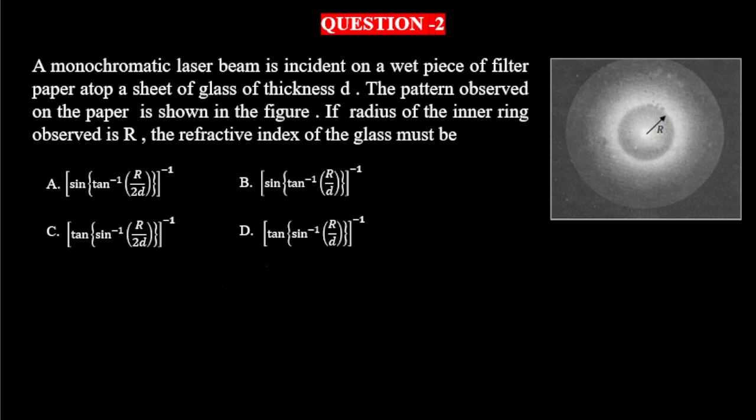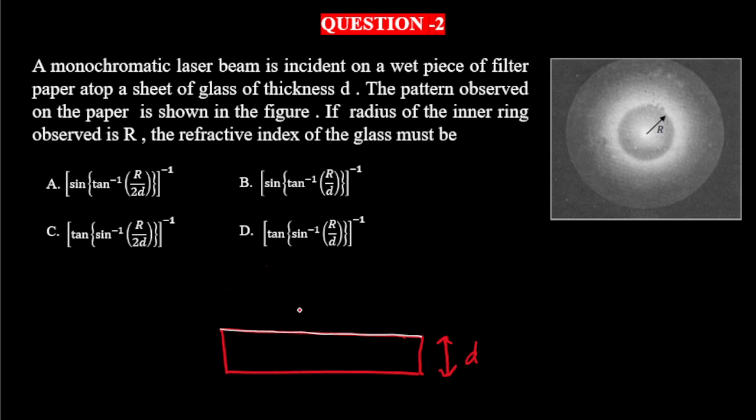So let's say we have a glass plate. So this is our glass plate. And this glass plate has thickness D. And then they have put another piece of wet filter paper on the top of this glass plate.